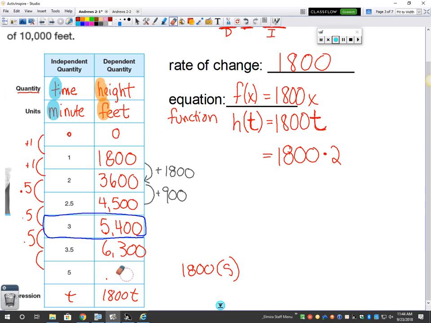That's not going to be 7,200. This went up by 1.5. So 1,800 times 5, if I had typed that in, is 9,000.